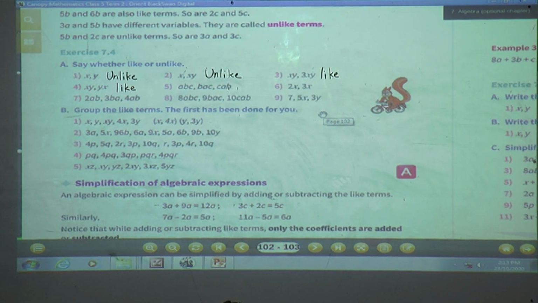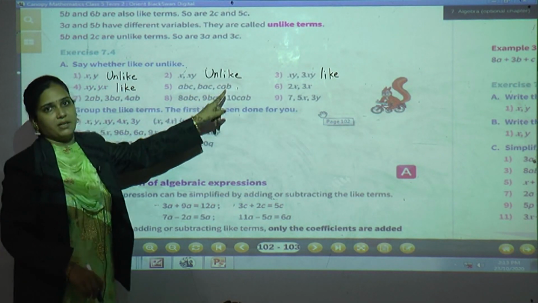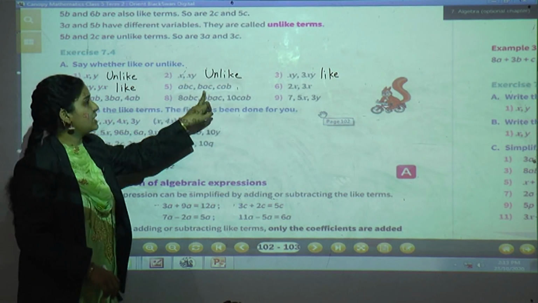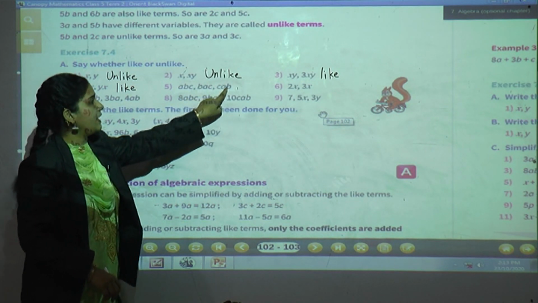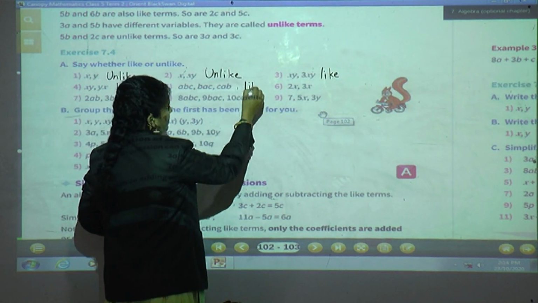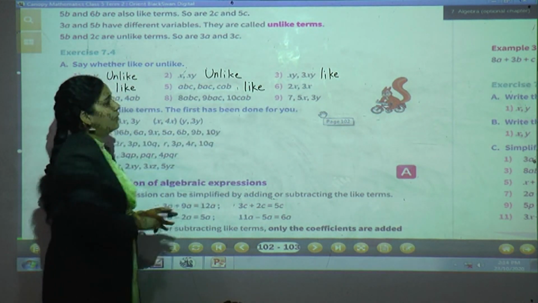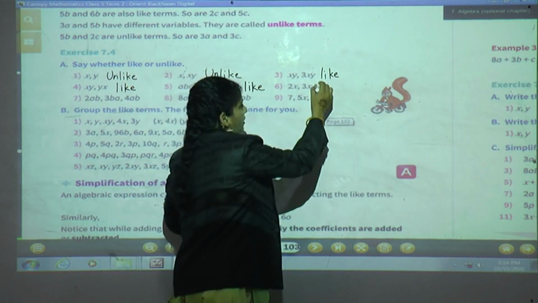Fifth one, see students, abc, bac and cab. Here also same terms are there, abc, abc, again abc. So that's why here like terms. And sixth one, you can see 2x and 3x, that's why like terms.